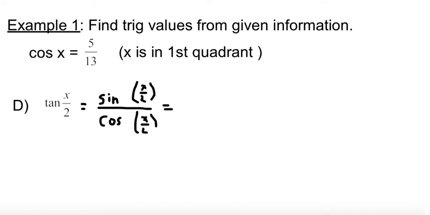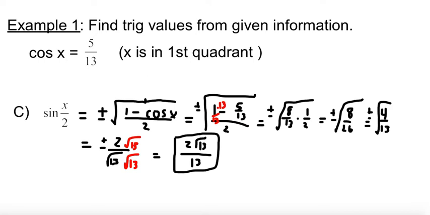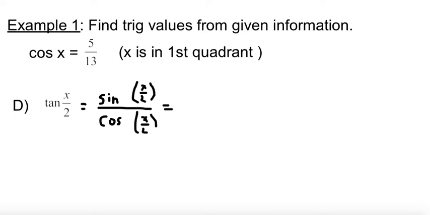So if I go back there and look, 2 square root of 13 over 13. And then we already know the cosine down here. We're given that. That's 5. No, it's not. I go back.